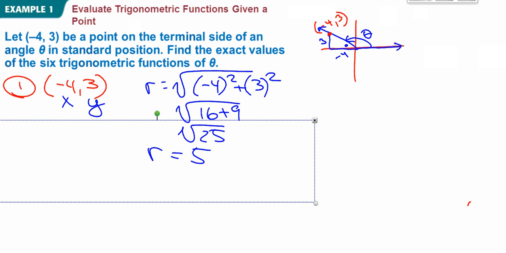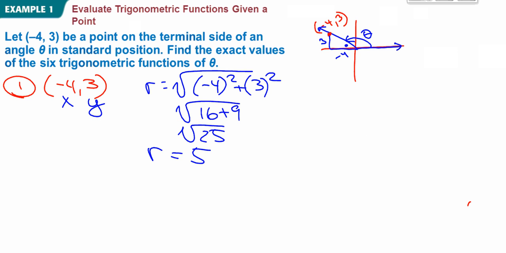If we know the trig functions from that last page, we can just write them down. If we don't, we can use this picture. Do you agree? So I know that the sine of theta, and by the way, I will comment on this from the quiz, it has to be the sine of theta. It's the sine of theta equals y over r.